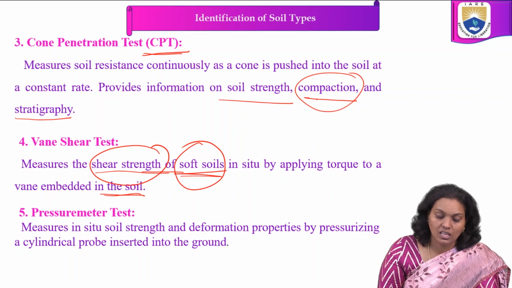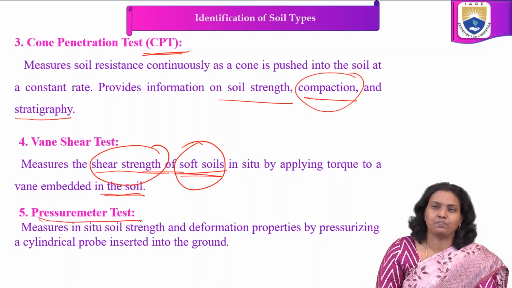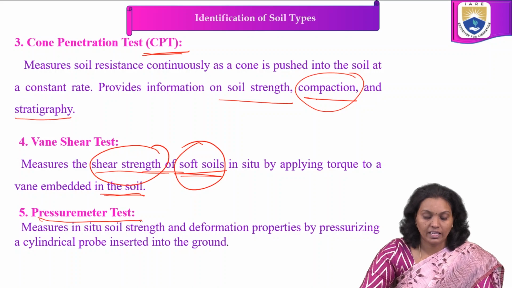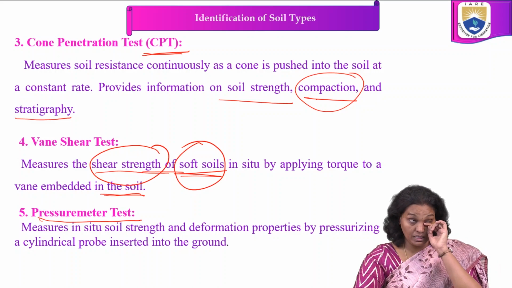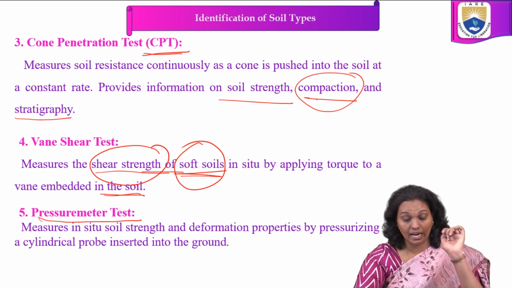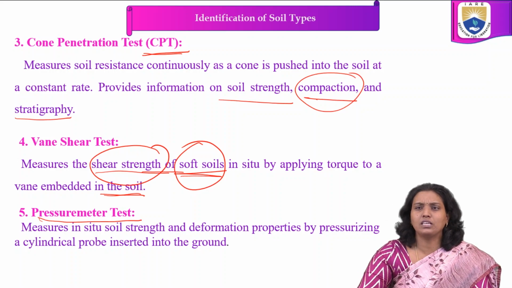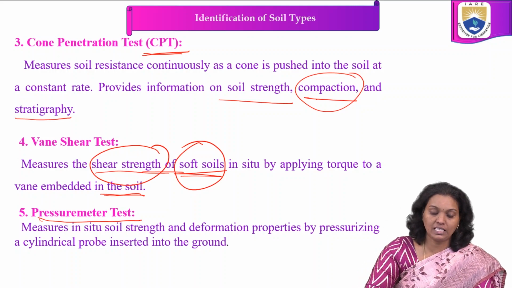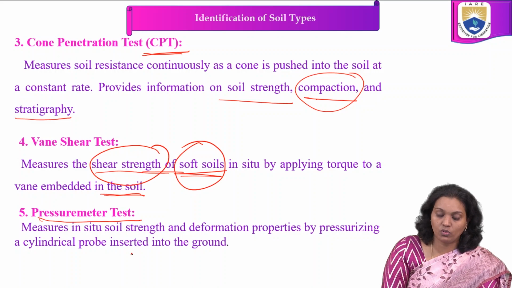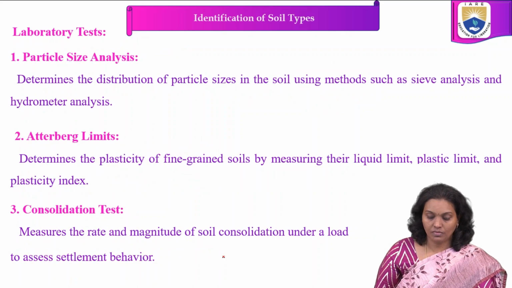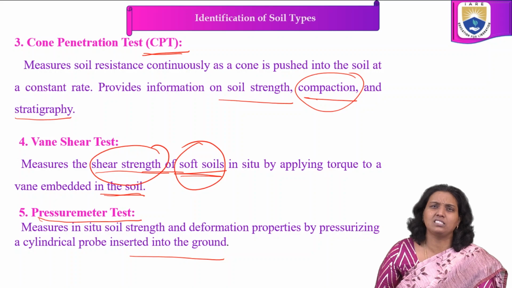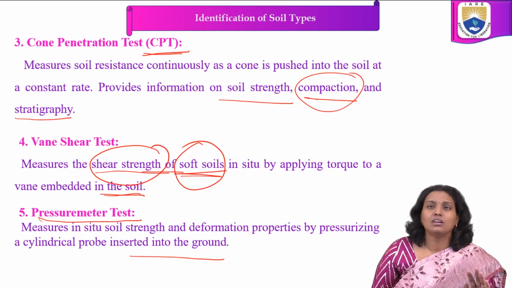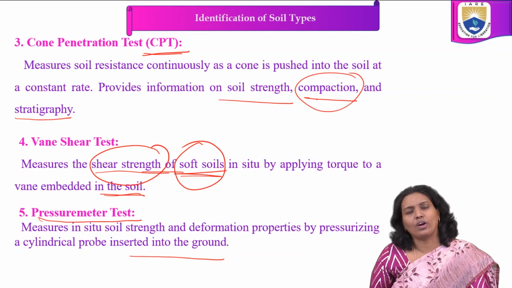The next one is the pressuremeter test. Based on this test, we are understanding the deformation properties by pressurizing a cylindrical probe inserted into the ground. So these are the on-site tests which we are conducting for identifying the soil type.